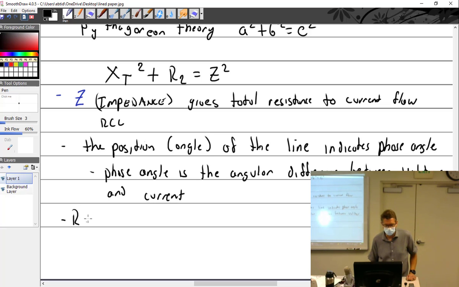It is represented by the Greek letter, it's kind of a zero with a line, which is theta.